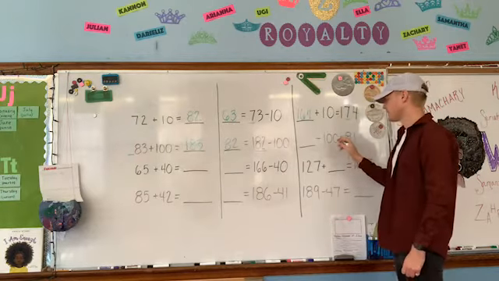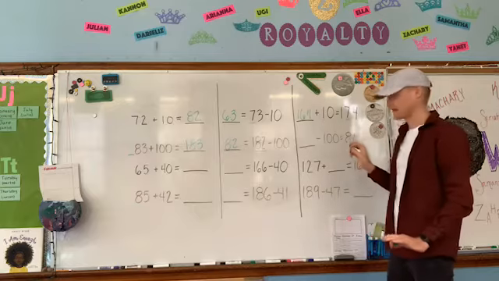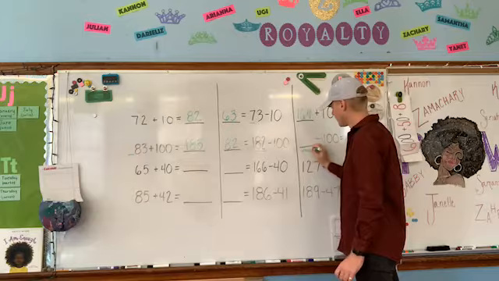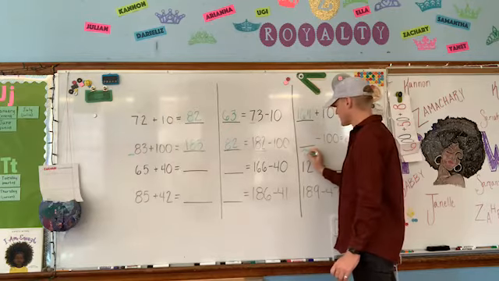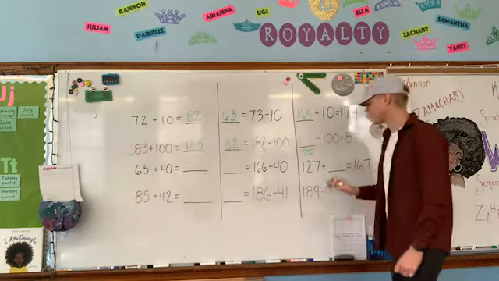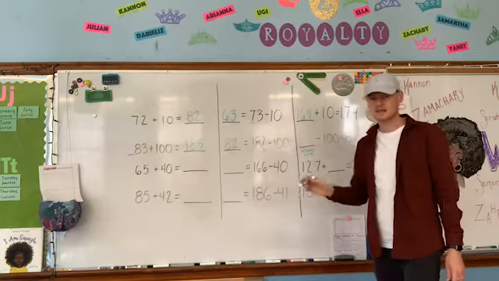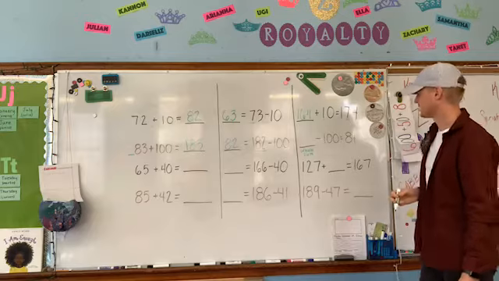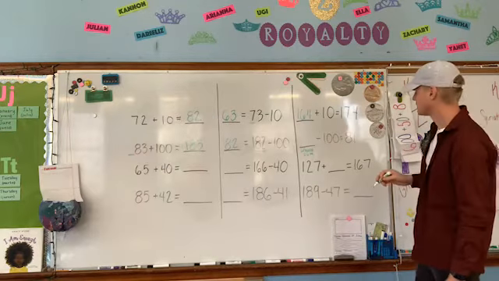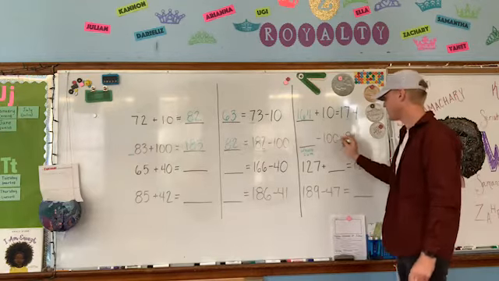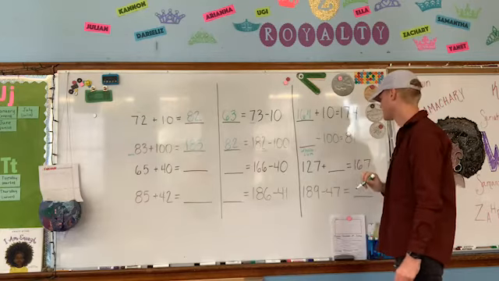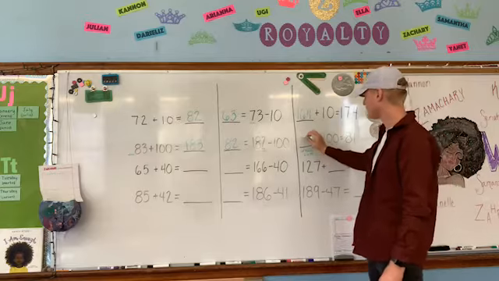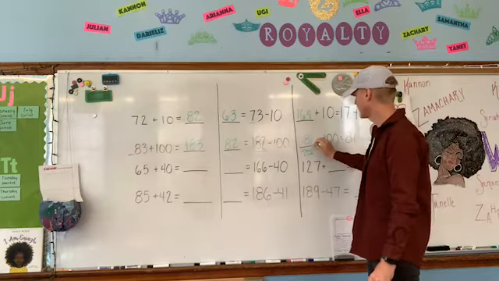All right, this one is where it gets a little more tricky. We're missing the whole, or the sum. So if I'm missing the sum, what do I do? Addition, addition, addition. So I need to do 100 plus 81. And that's going to give me 181.